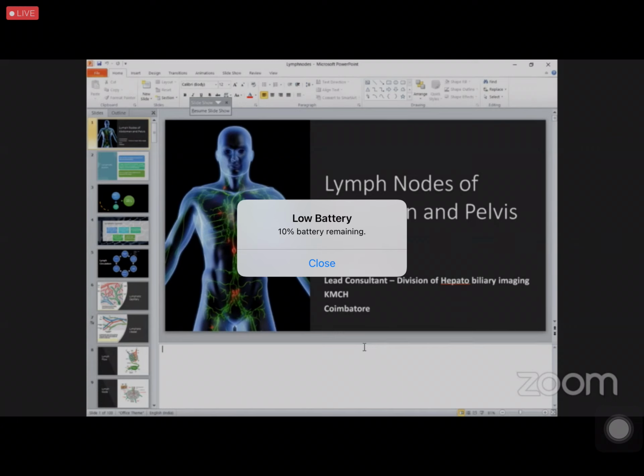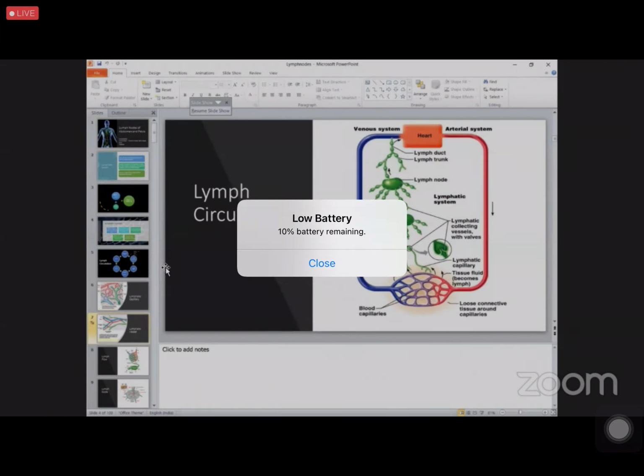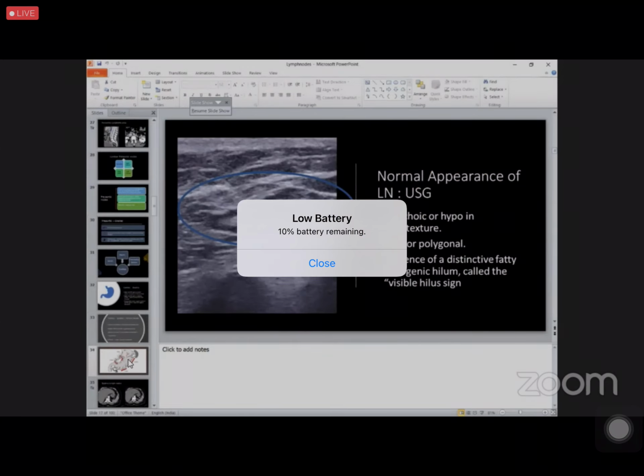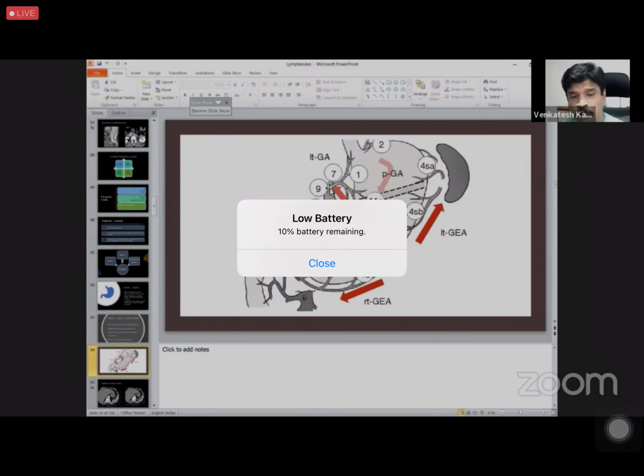What is the difference between 4A and 7 gastric group of lymph nodes? That depends upon the relationship to the gastric artery. So when it is close to the origin of the gastric artery, it is 7.